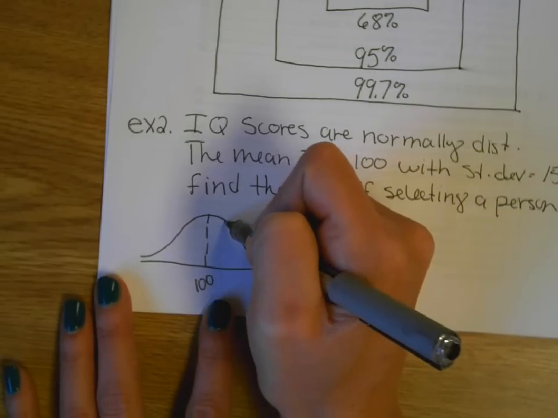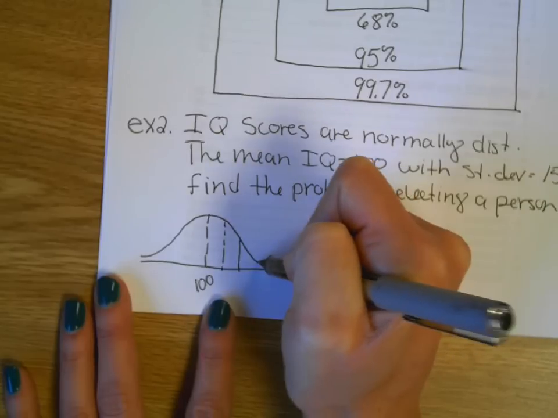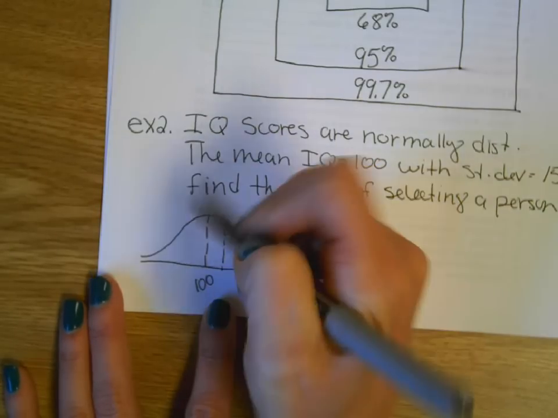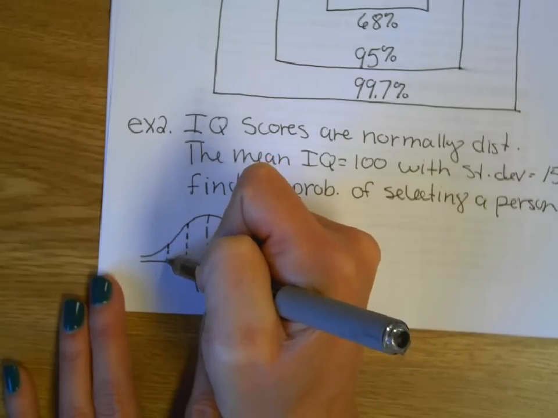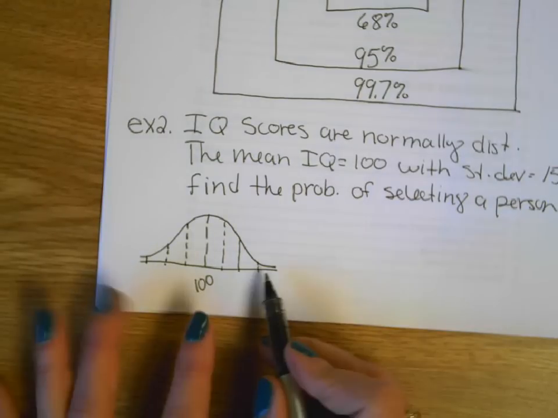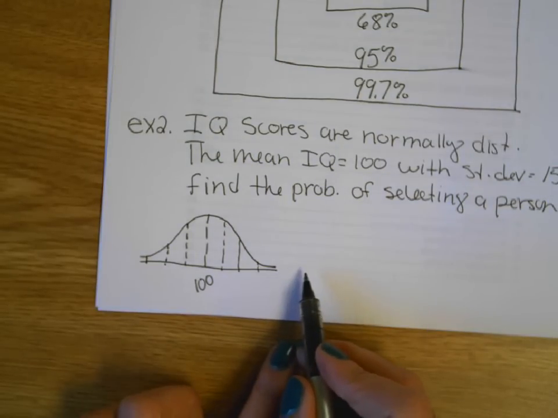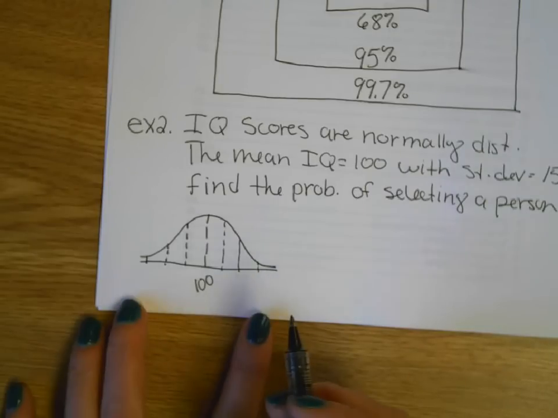That means when I go 3 standard deviations above and 3 standard deviations below, 99.7% of our population is going to fall in between those 2 values. So we've got those really genius people up here in the tail pieces. They do exist. I don't think we're sitting among anybody with that IQ, but that's okay too.